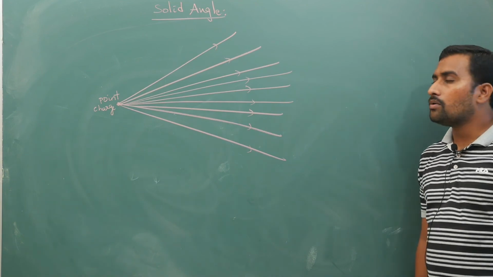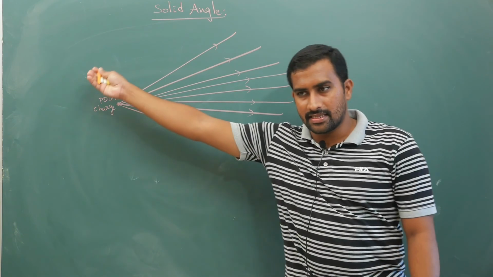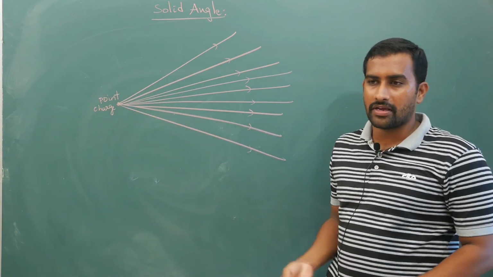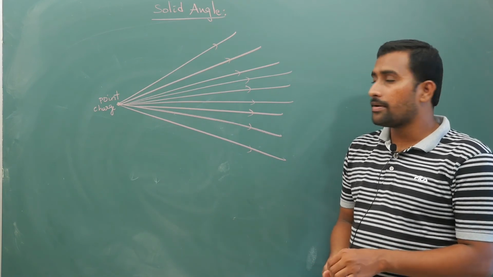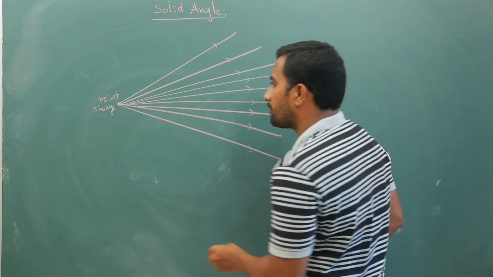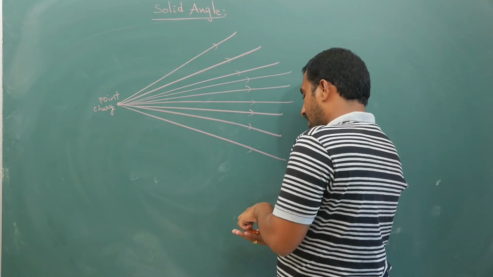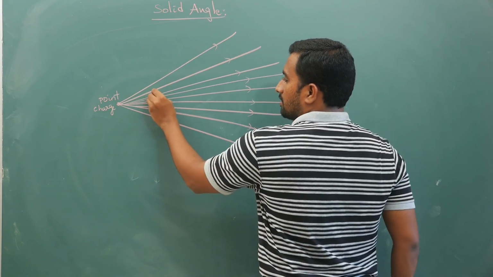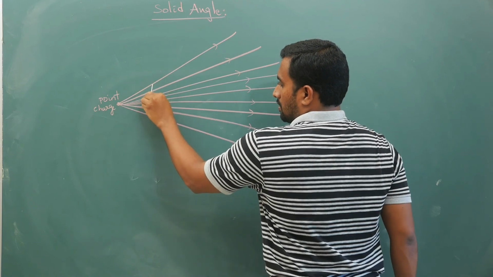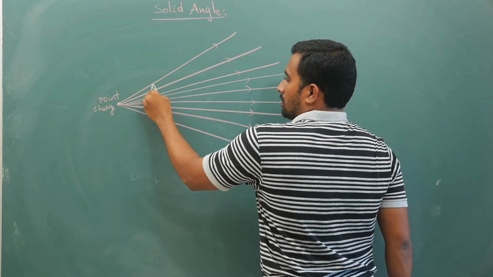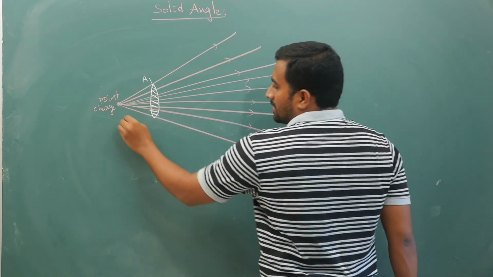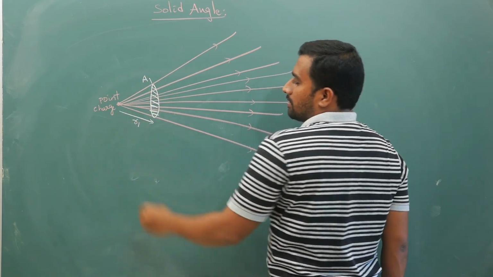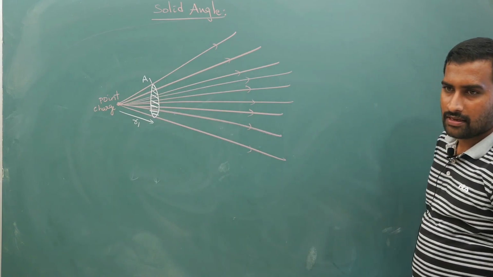Field lines are coming on this side also, but I am not drawing them because the diagram becomes very bad. Now observe carefully. Let me take a surface here of area A1. Let us say this distance is R1.